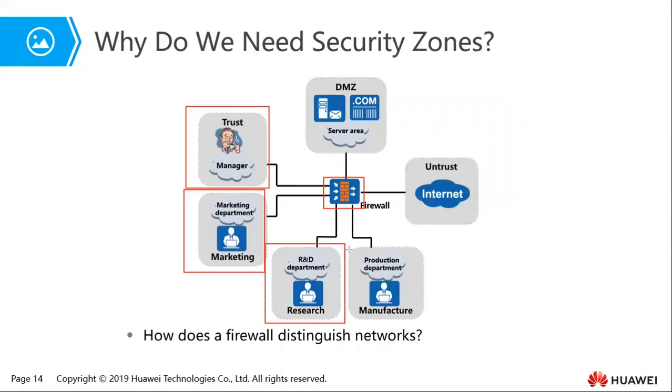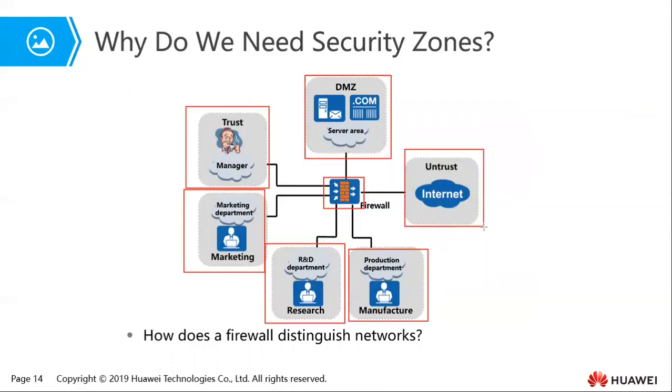So you can have the manufacturing department, research department, marketing department, the DMZ, demilitarized zone, for the servers, and also a connection to the internet. That is how the firewall divides the security zones.